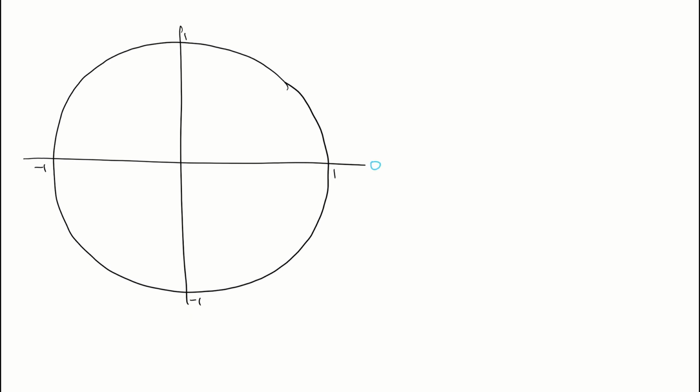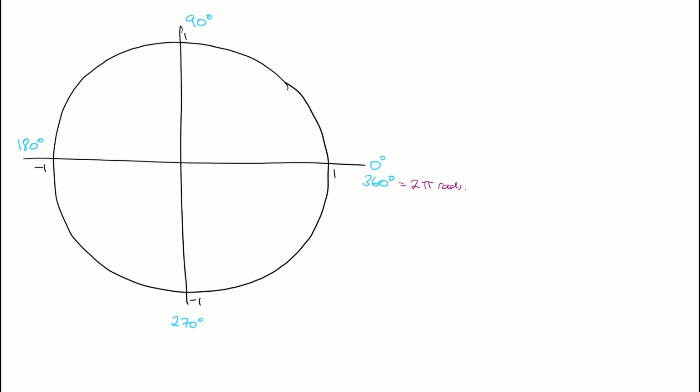So we've got 0 degrees where we start off, we come up to 90 degrees, around to 180 degrees, to 270 degrees, and then back around to 360 degrees. Now remember that we worked out that 360 degrees was the same as 2 pi radians, because we know that we can get 360 degrees in a circle, and we worked out that we can get 2 pi radians in a circle, so we know that they're the same.